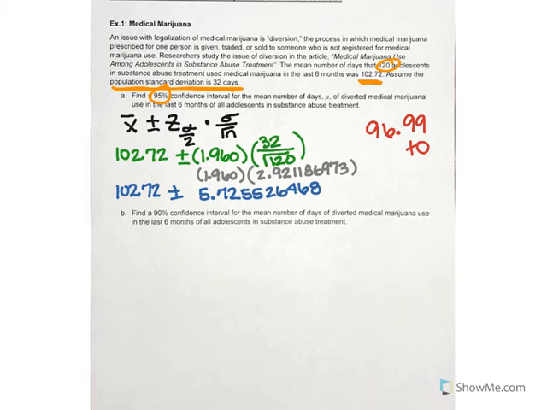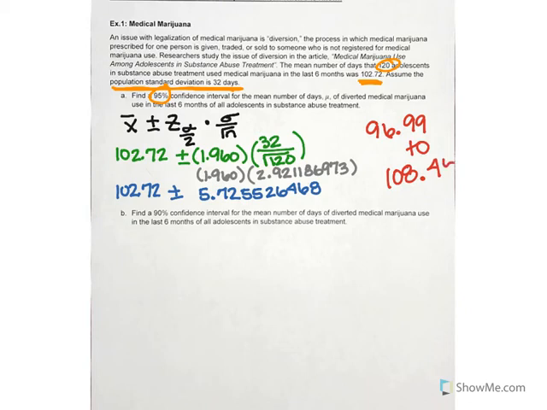I'll take that same margin of error of 5.7255 2646 8, and add it to 102.72, and you should get 108.445.